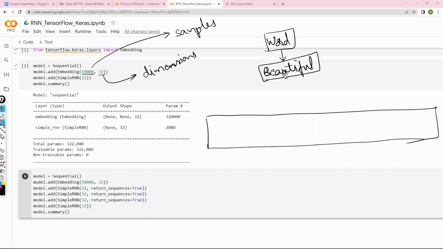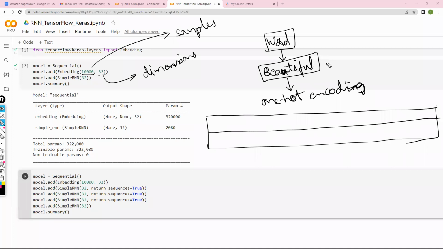And say you want to take that word and analyze it further. The first thing you do is convert that word into one-hot encoding, because you cannot supply the words as is to your RNN. In the English language, you have approximately 172,000 words.